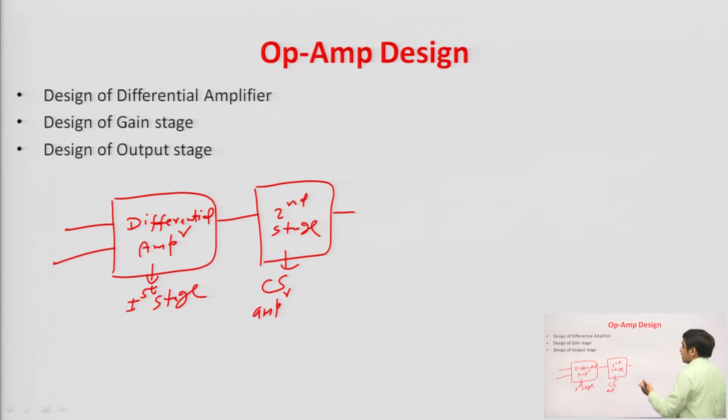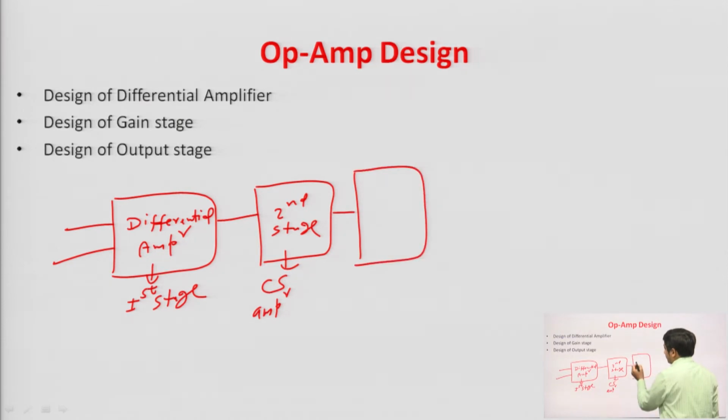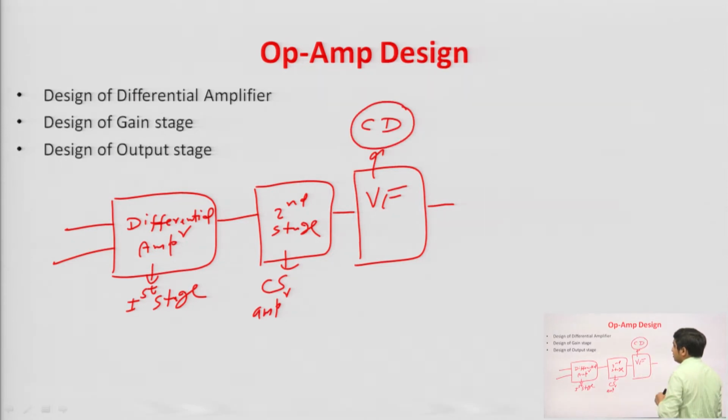Otherwise, we can connect the voltage buffer, also called voltage follower, at the output. This output stage is in general the voltage buffer stage. This voltage follower is basically the common drain amplifier, also called source follower, when we are designing it using MOSFET. When we are designing it using BJT, then it is common collector configuration.